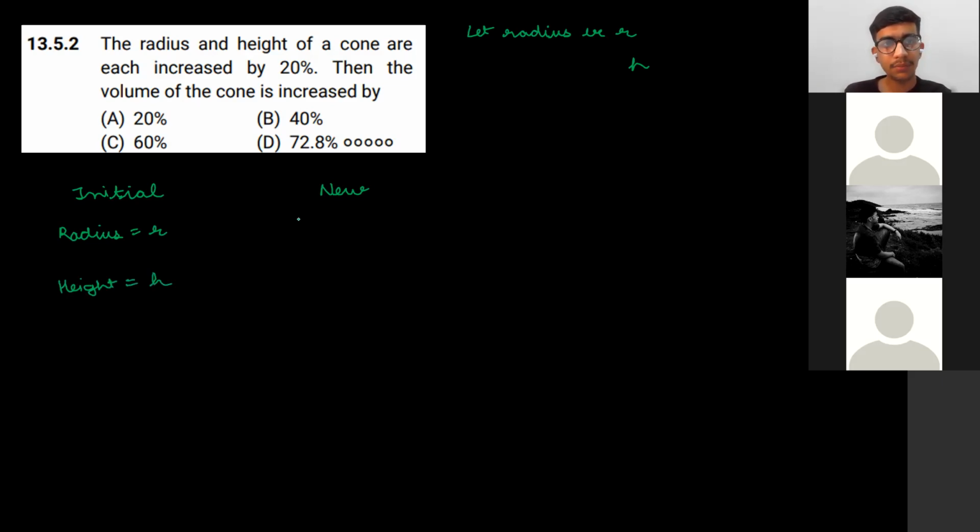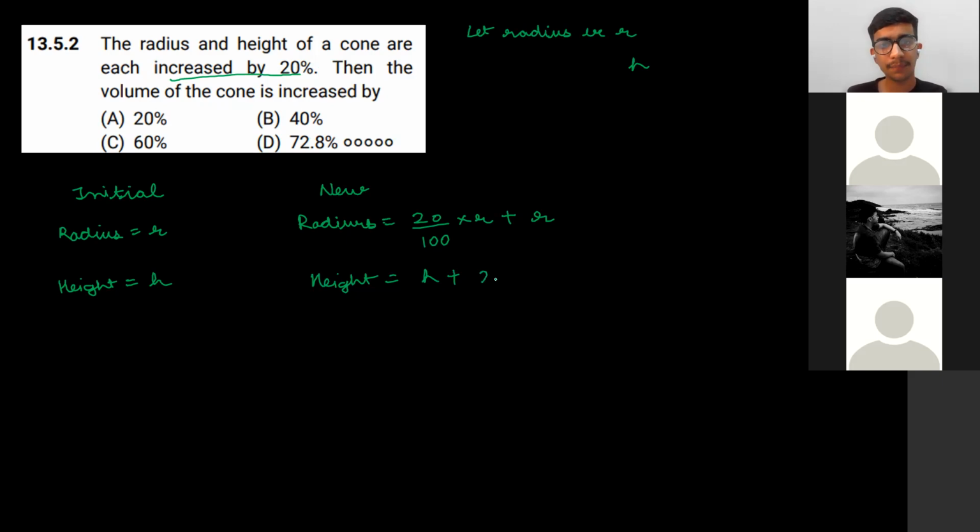Now in the new cone which we have, radius will be 20% of r. Now since the radius is increased by 20%, we have found 20% of the radius, now we have to increase it by this amount. So radius becomes r plus 20 by 100 of r. Similarly, height will be original height plus it is increased by 20%.